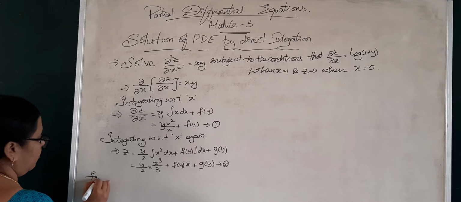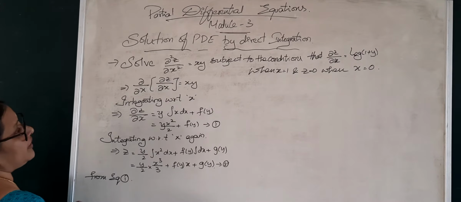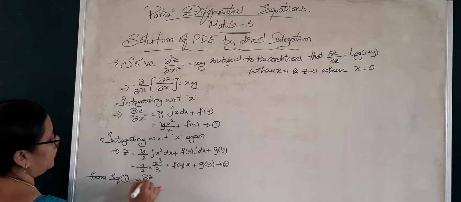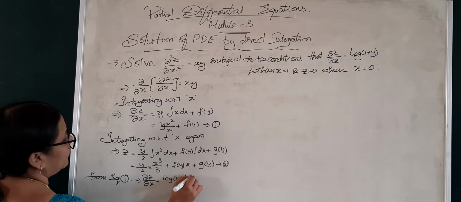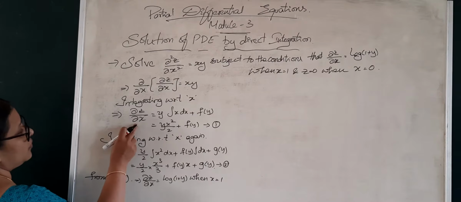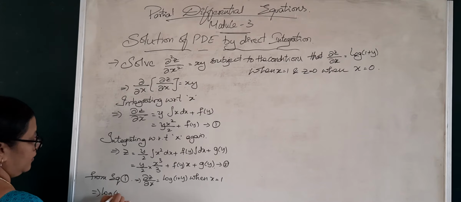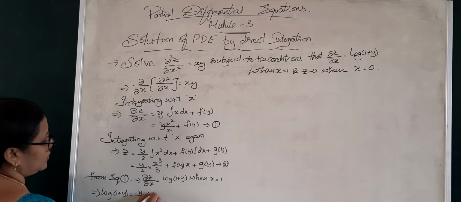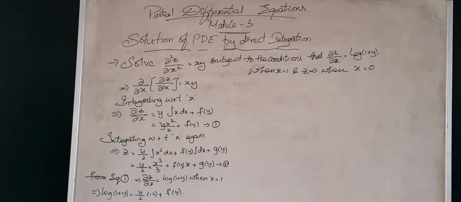From equation 1, substituting ∂z/∂x = log(1+y) when x = 1, we get log(1+y) equal to, putting x = 1, y/2 times 1² plus f(y).